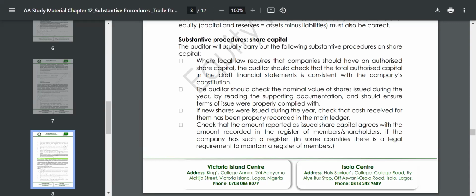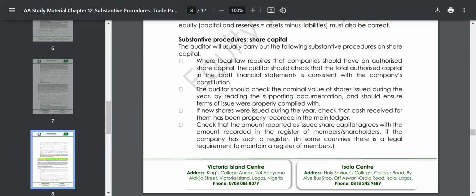Take for instance, in recent times, there are some banks and companies that have been doing IPOs and rights issues. If you have been following business news, you know that GTB sold shares recently. Fidelity did the same, FCMB too. Now, by the time the auditor comes in later in the year or early next year to audit their books, the auditor will want to know the nominal values of the shares you have declared, and the new shares you have added to your previous authorized share capital. Where is the documentation?